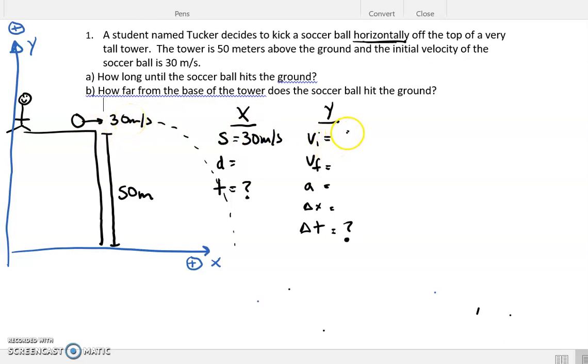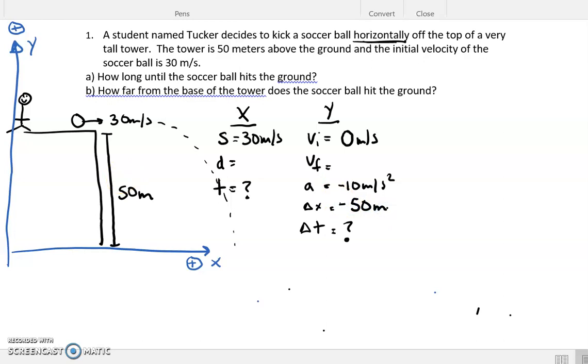So I'm going to say VI is 0 meters per second. Acceleration is negative 10 meters per second squared. If it was a problem with variables, we would just say negative g. Let's see, displacement is 50 meters, but it's going 50 meters down. So that is negative 50 meters.